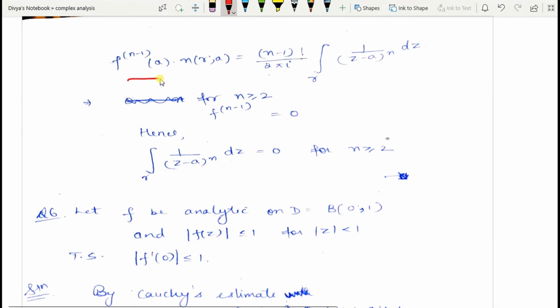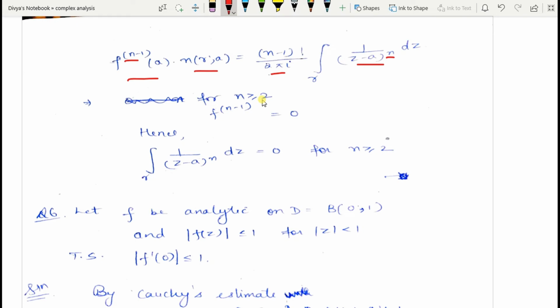So what we would have is f to the (n minus 1) at a times the index of gamma with respect to a, which is n minus 1 factorial upon 2 pi i times the integration of 1 upon (z minus a) to the power n. Here the power is n, therefore f to the n minus 1.